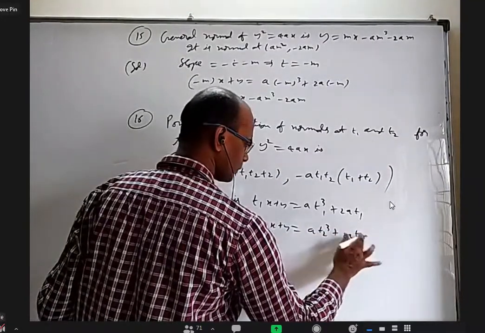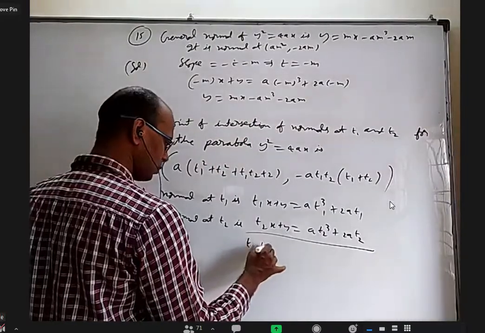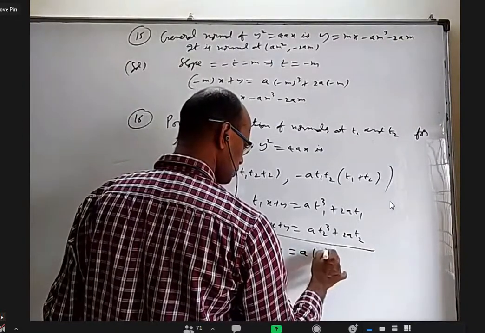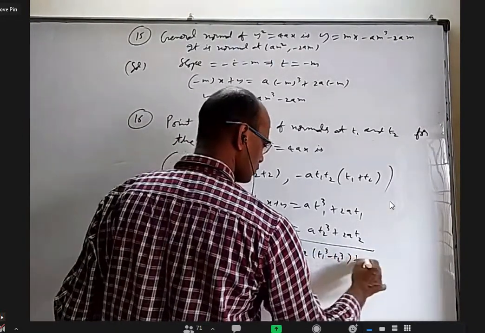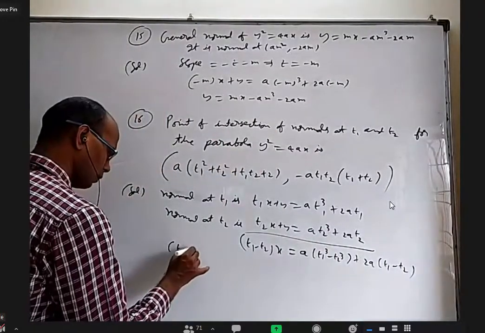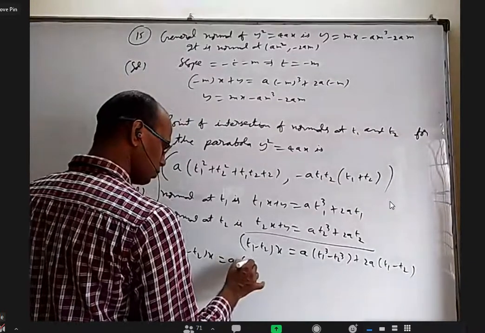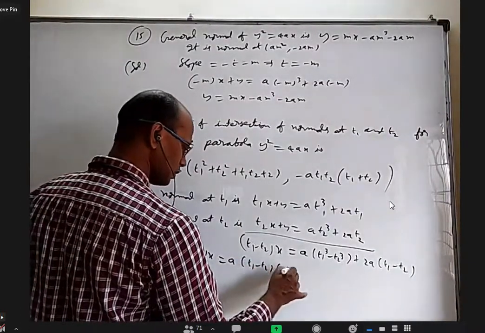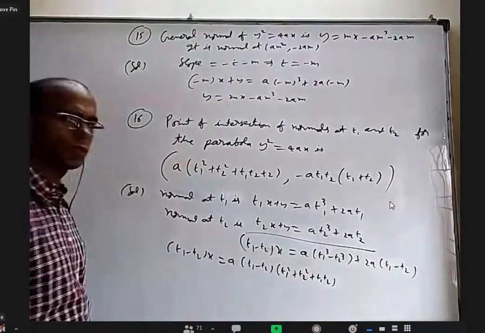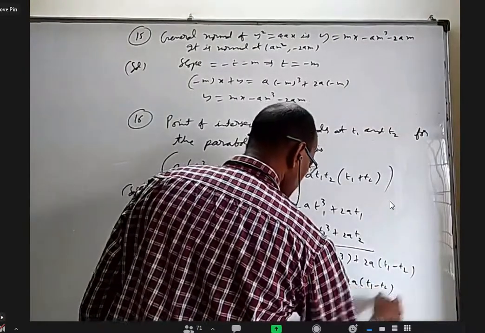You can subtract, it will become (t1 − t2) into x equal to a into (t1³ − t2³) plus 2a (t1 − t2). Using the a³ − b³ formula, I can write (t1 − t2) into (t1² + t2² + t1t2) plus 2a (t1 − t2).